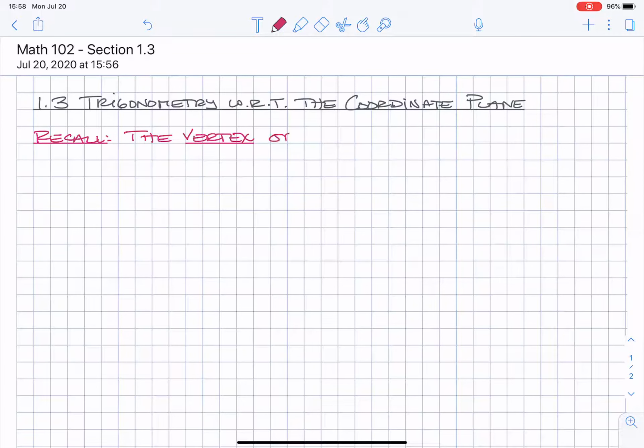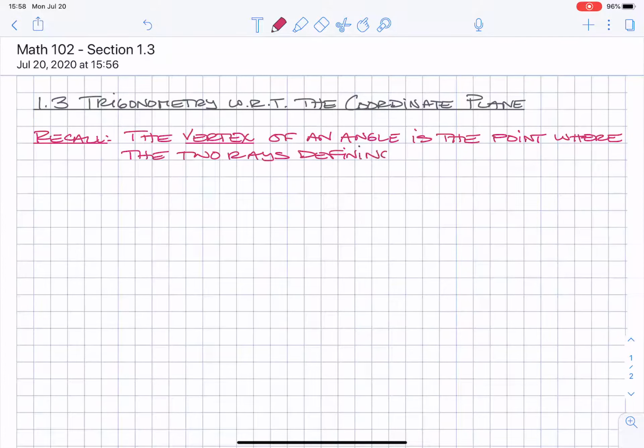So the vertex of an angle is the point where the two rays defining the angle meet. Or actually, let me just say meet. I think you understand that. Okay, so definition.